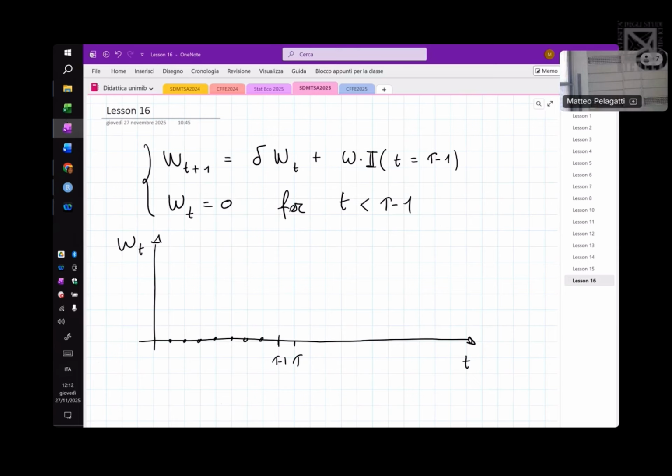W_{t+1}, when it's tau minus 1, goes to omega. Is that right? Why does it go to omega? Because the indicator goes to 1. This is omega. Well, this is still 0, delta times 0. So starting from tau, because t plus 1 in this case would be tau.